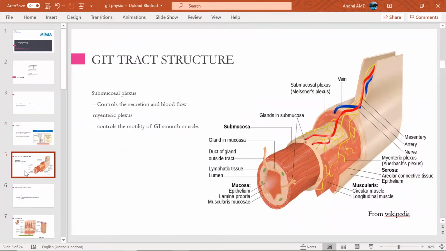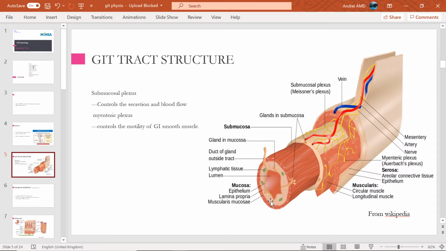Next, I would like to talk about the GIT, the tract structure in general. We're talking about the stomach, the small intestine, and then the large intestine, and the basics are all the same. If you look at the lumen, you have simple columnar epithelial cells, and underneath that is the submucosa.